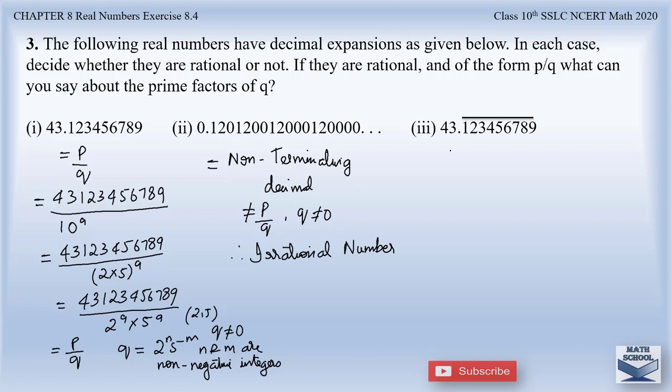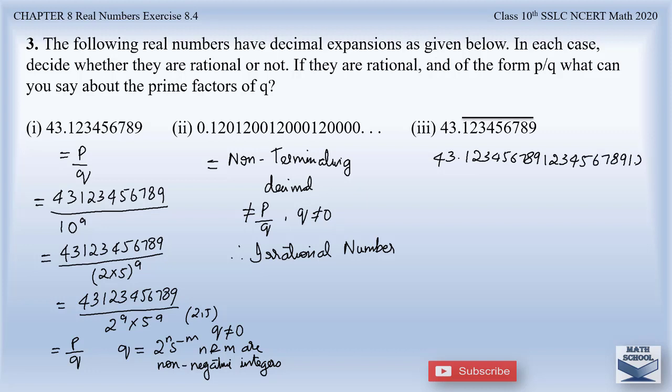Okay, moving ahead to our third question, which is 43.123456789, and there is a line over the digits after the decimal point, which indicates that again this is a repeating number. It is 123456789. Again the number will repeat after 9 as 123456789.